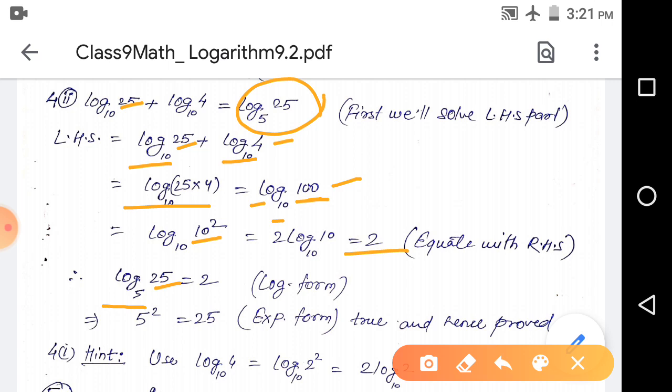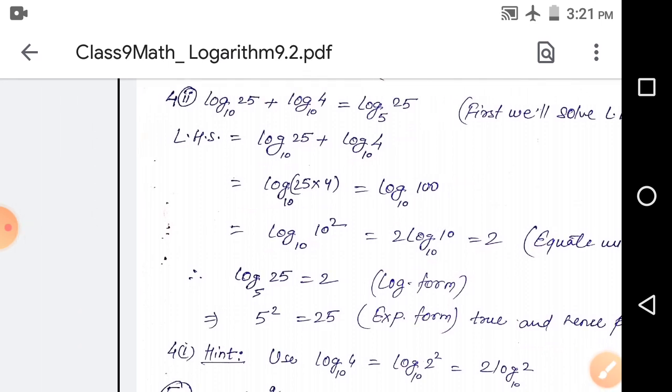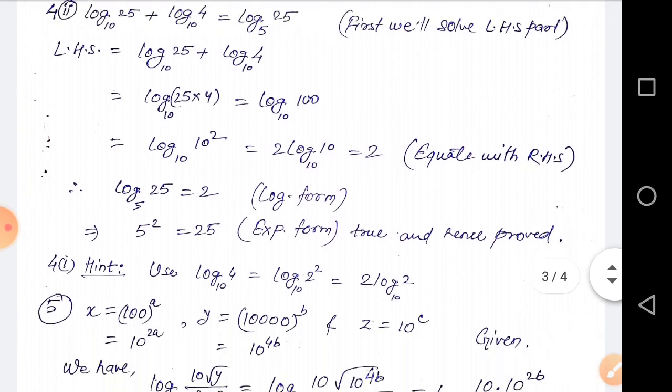This 25 means 5 square, so directly we can write 2 here. So this one is the RHS part. Both the parts LHS and RHS are equal, so whatever was to be proved is proved now.